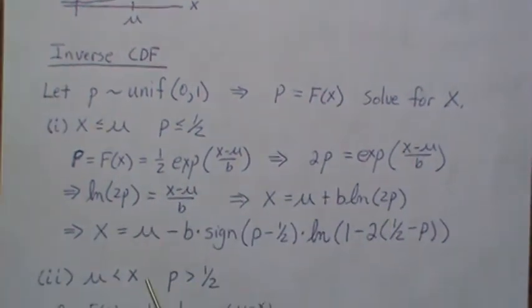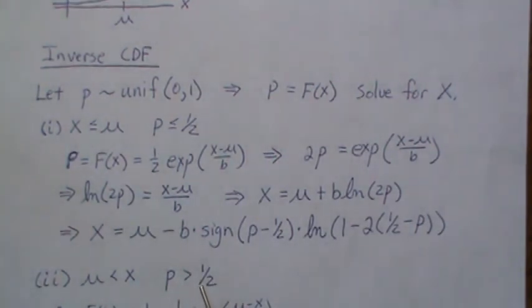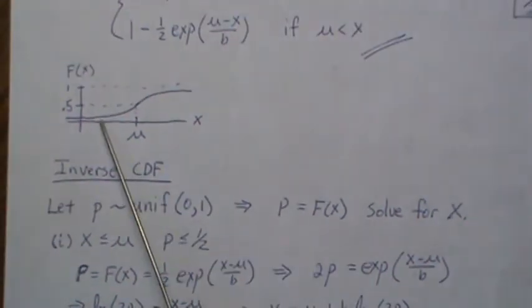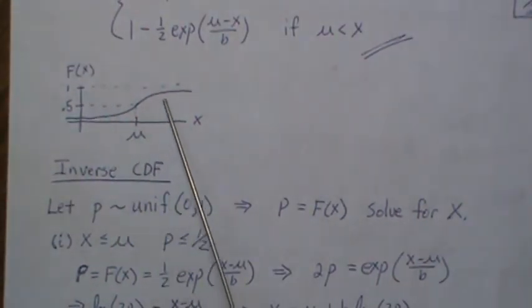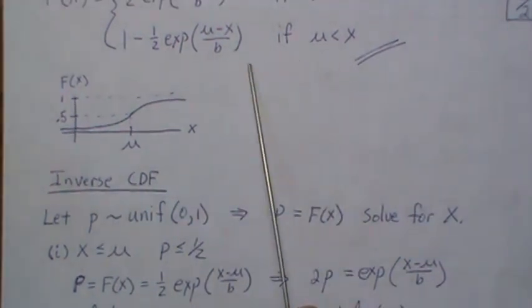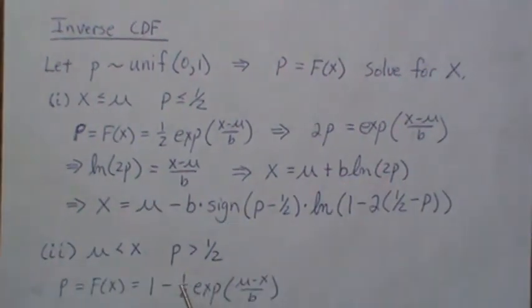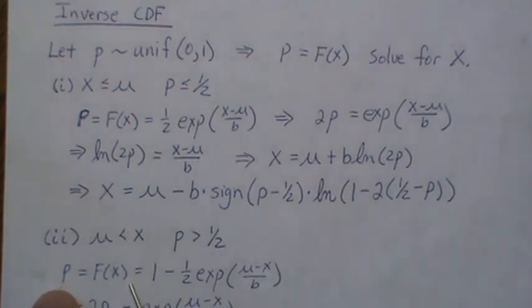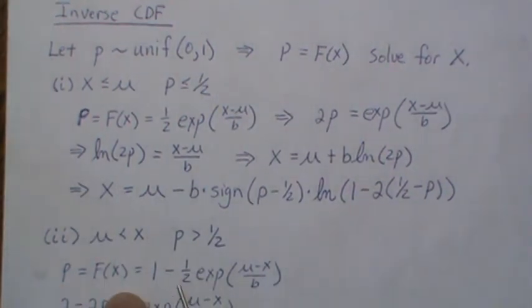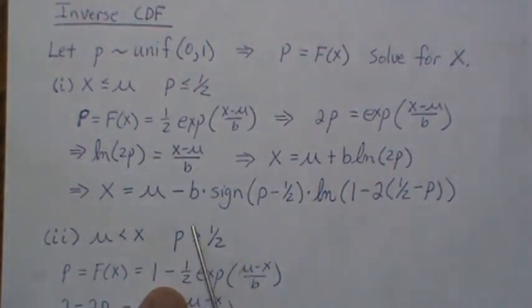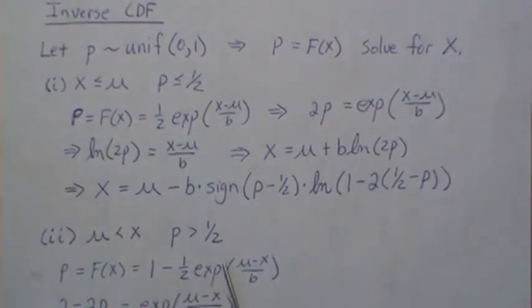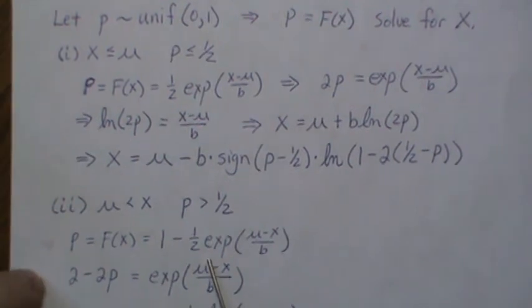Now, next we have to think about if we generate a p greater than 1/2, meaning that we're up here, which is this second piece of the CDF. So we set F of x equal to p, and F of x was this second piece, because we generated a uniform 0-1 random variable greater than 1/2. Now let's start back solving for x.